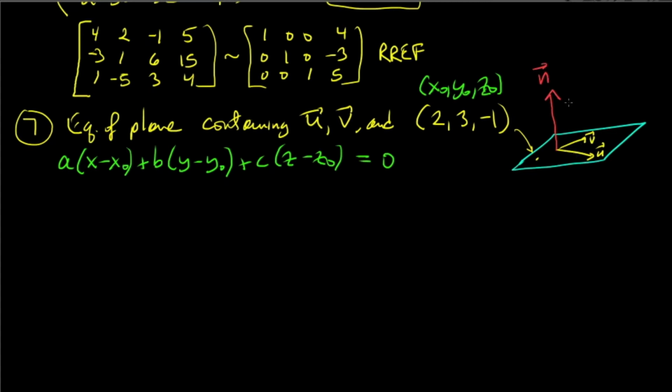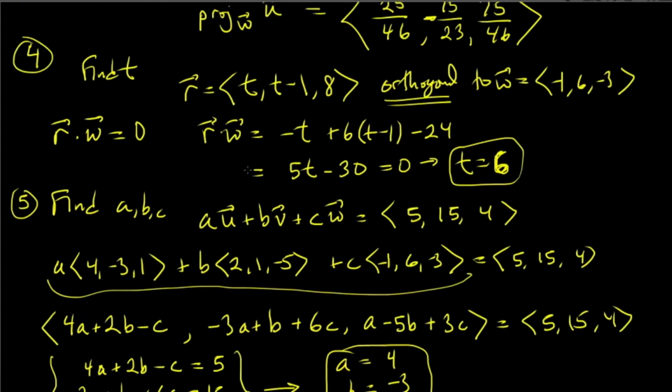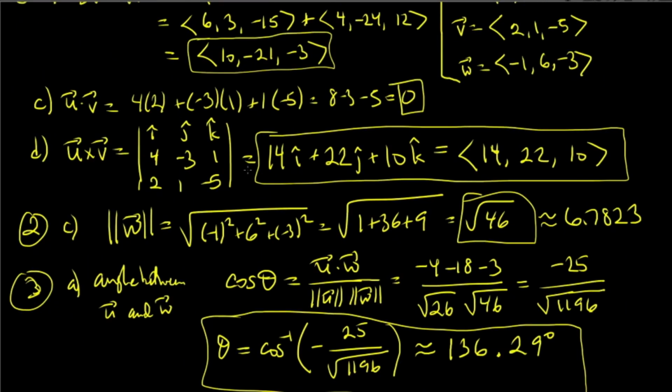Now that's not given, but if the vectors u and v are in the plane, then a vector that's orthogonal to both vectors is just u cross v. So you have to find u cross v, which was probably one of the questions that we did. We did u cross v, didn't we? Yeah, part D here, 14, 22, 10.